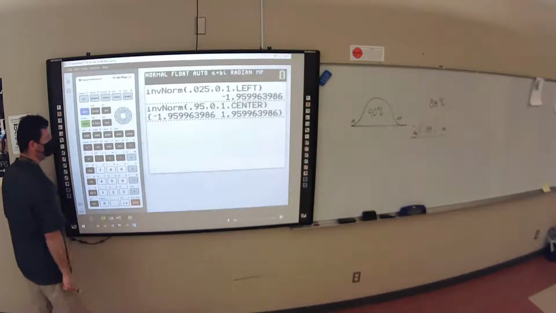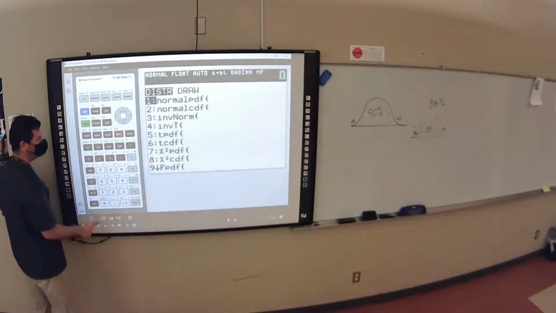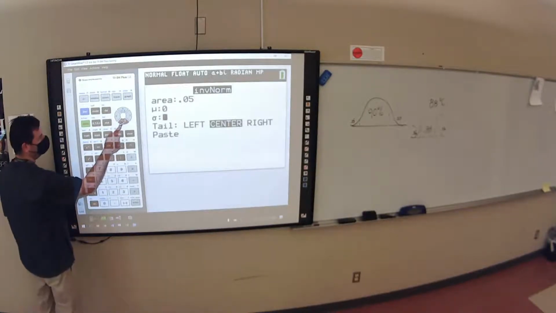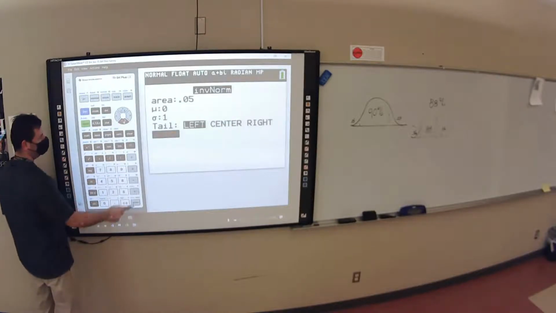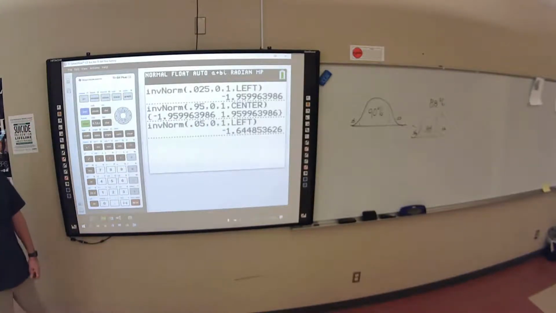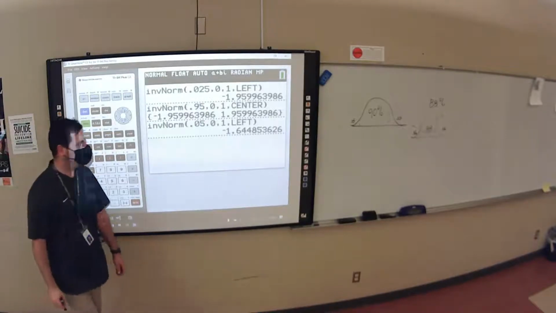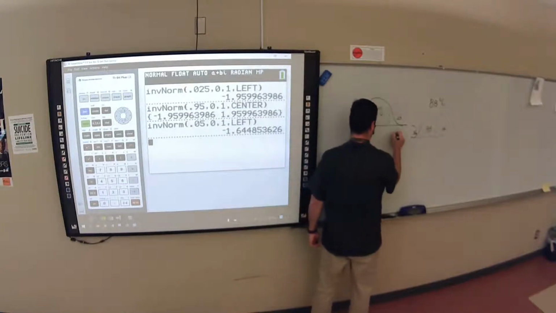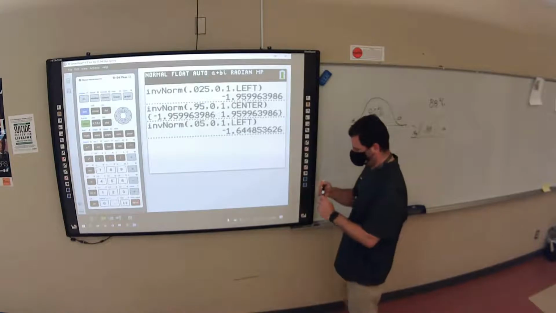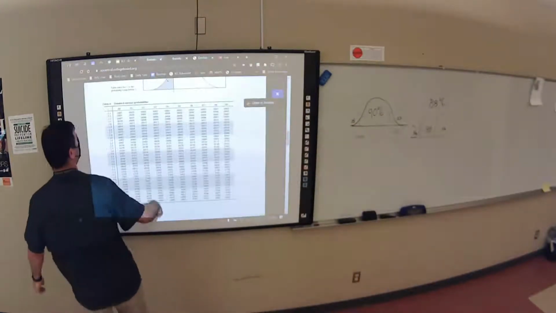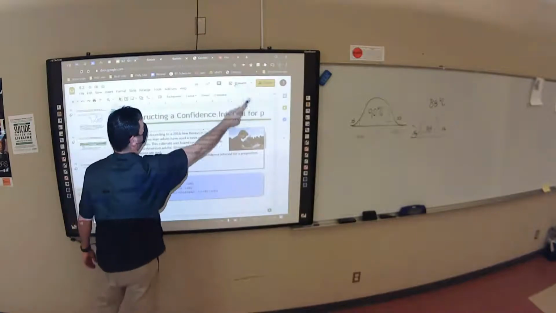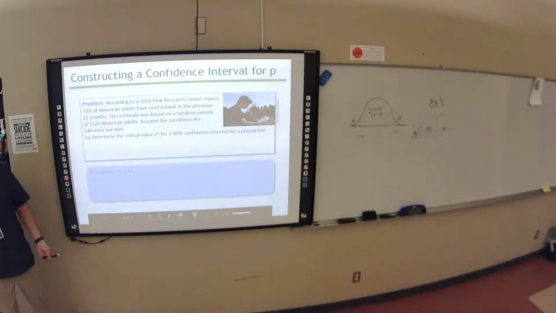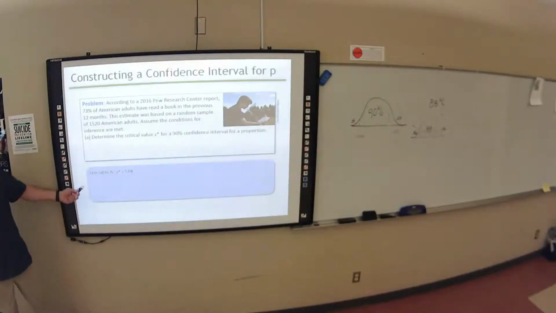Or it's a whole lot easier to go in your calculator and do inverse norm and do 0.05. Negative 1.645. Table A, 1.645.